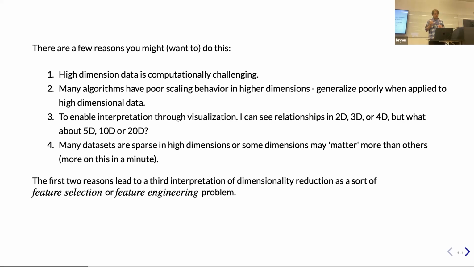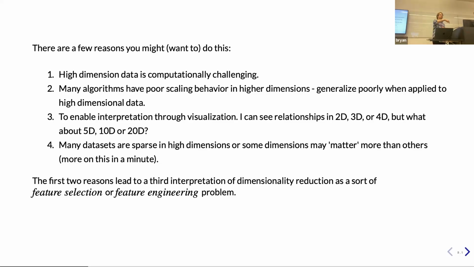Interpretation for visualization was mentioned, and as you mentioned, independent of independence, some dimensions may matter more than others. So we want to highlight those directions that are more significant in some sense. There's another interpretation, which maybe isn't different: you can think of dimensionality reduction as selecting features that you want to give your model, right?